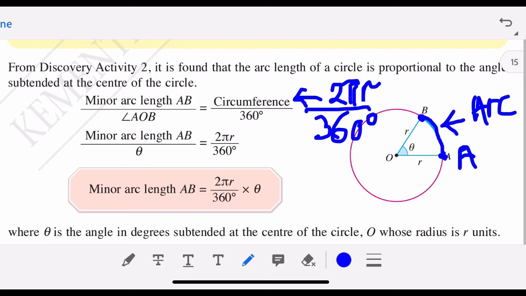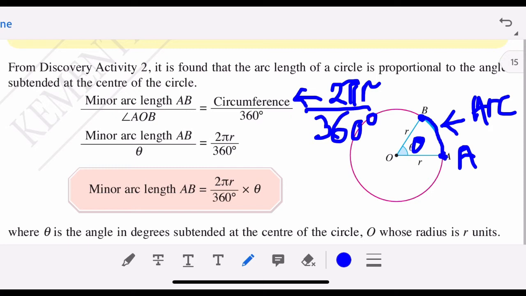So let's do the comparison: minor arc length AB divided by the angle subtended, which is theta here. We are making the comparison by using the ratio.